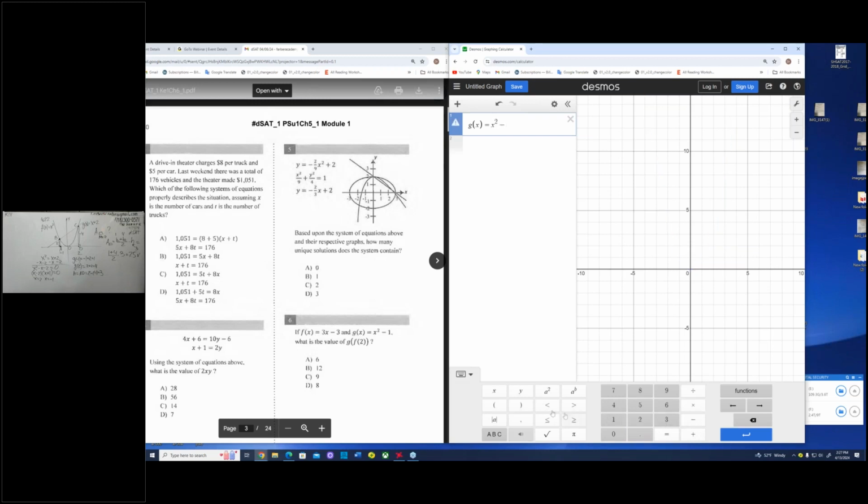You can start from the first function as one function. Okay, go to the next one. f of x equals 3x minus 3.